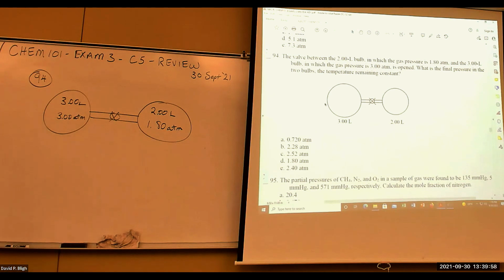Those are initial conditions. The valve's still closed. So we're going to open the valve. Which way is the gas going to go?